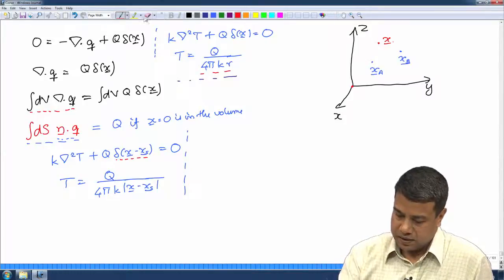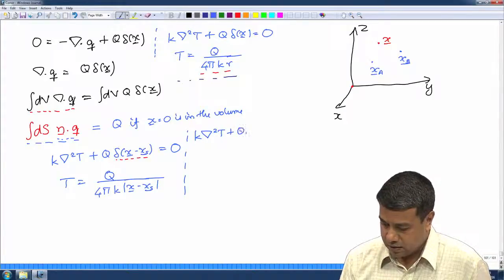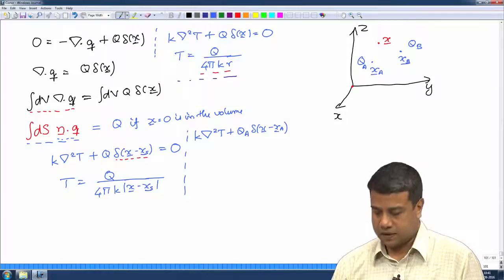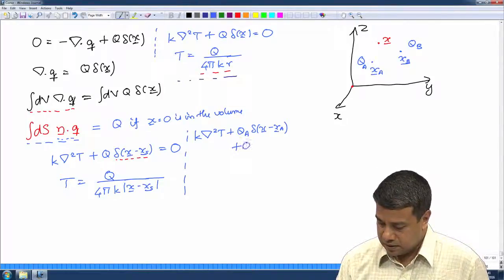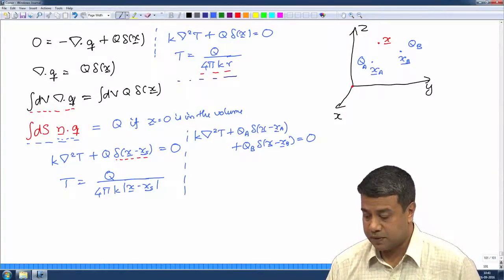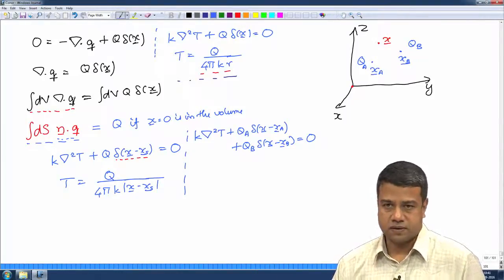Then I have to solve the problem k del square T plus q a delta of x minus x a, let us say that the heat coming out of this was q a, the heat coming out of this was q b, plus q b delta of x minus x b is equal to 0. That is the problem that I would have to solve in order to find out the temperature field at some observation point x due to these two sources of heat.